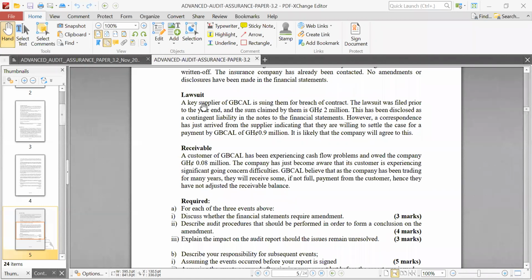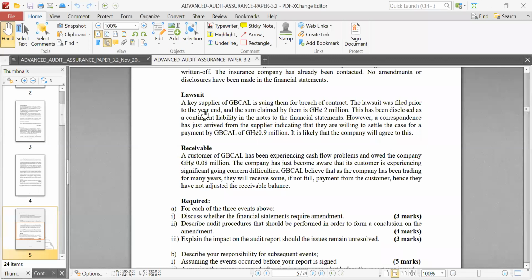Receivables. A customer of GBCAL has been experiencing cash flow problems and owed the company 80,000 Ghana cedis, or 0.08 million Ghana cedis.